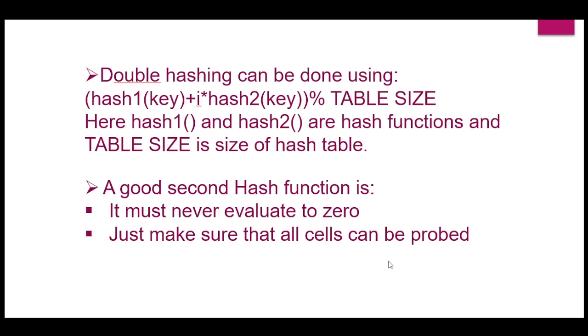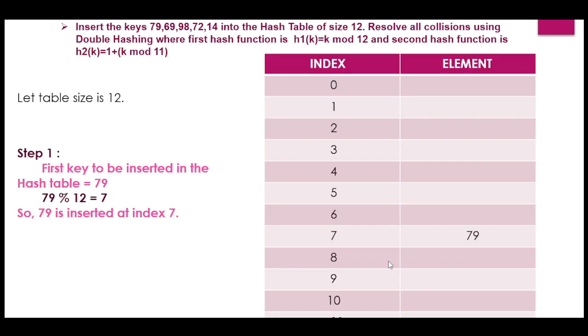We have an example for double hashing here: insert the keys 79, 69, 98, 72, 14 into the hash table of size 12. Resolve all collisions using double hashing, where the first hash function is h1 of k equals k mod 12 and the second hash function is h2 of k equals 1 plus k mod 11.